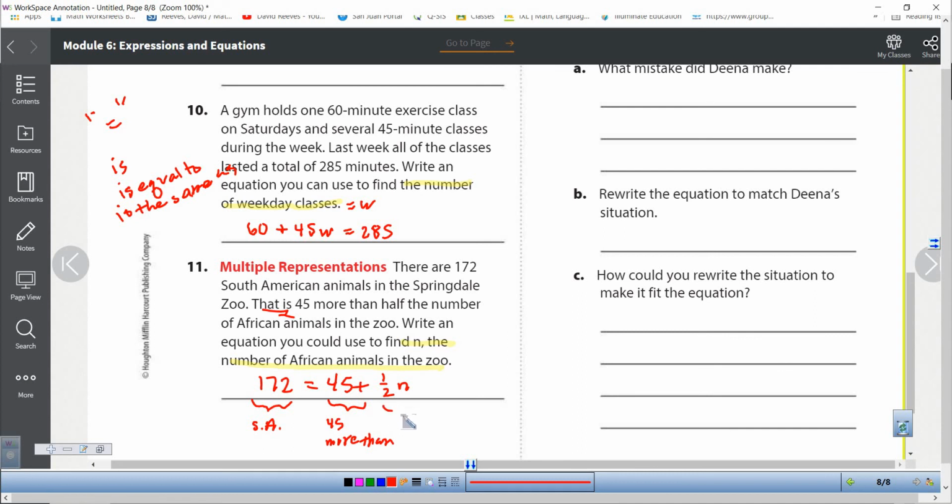And then this part here, that's half the number of African animals. Okay, so the number of South American animals, 172, is 45 more than half the number of African animals. Again, to solve this, we would subtract 45 and then divide by half.